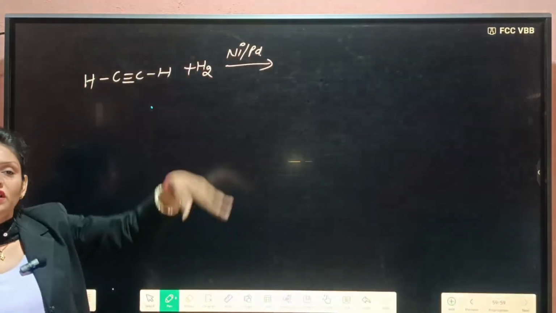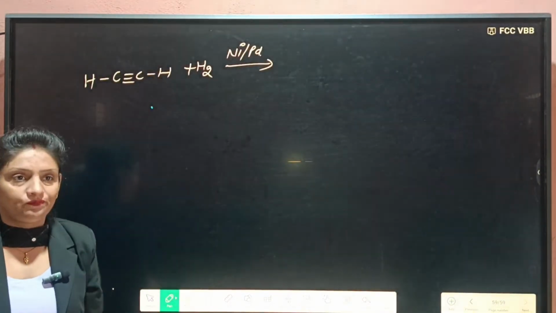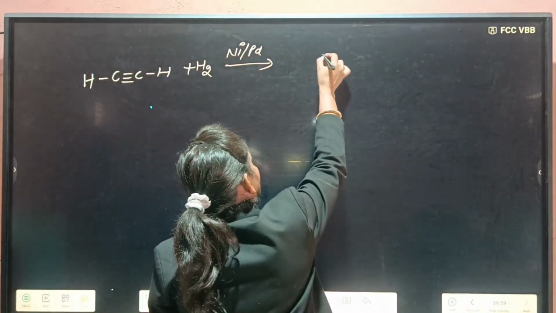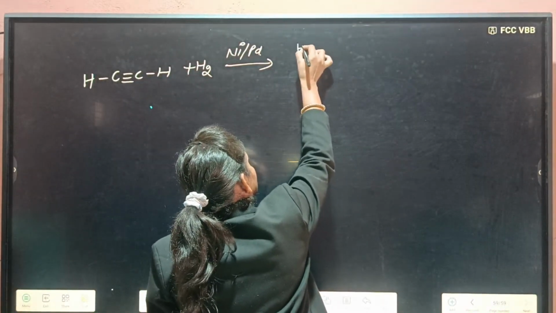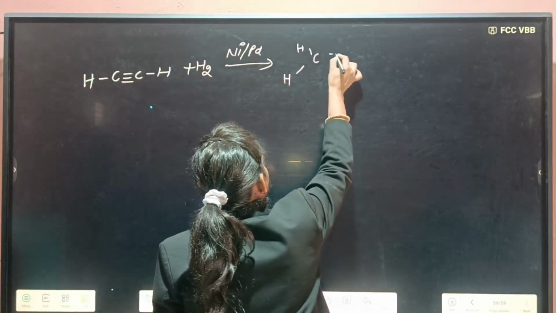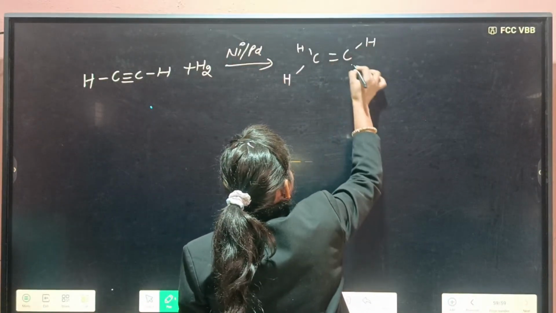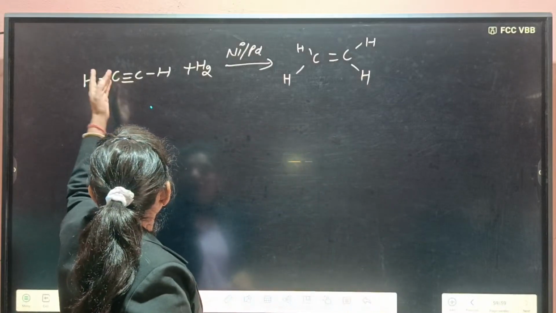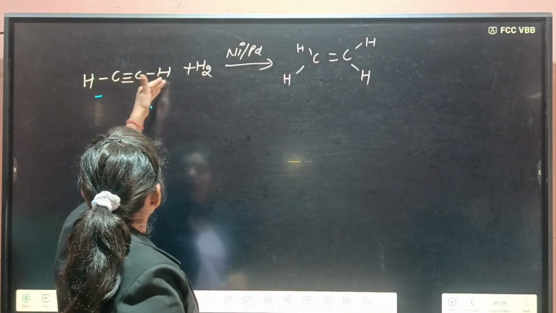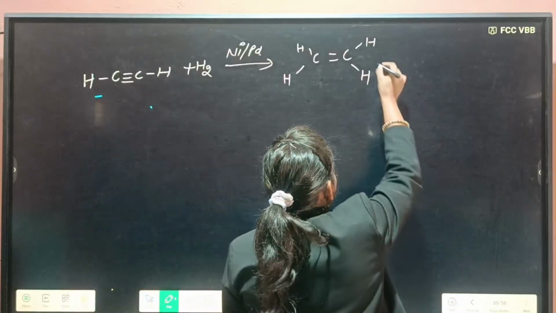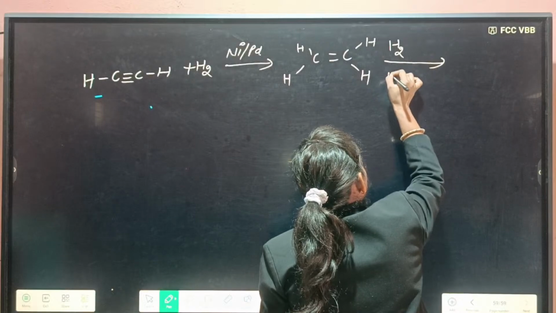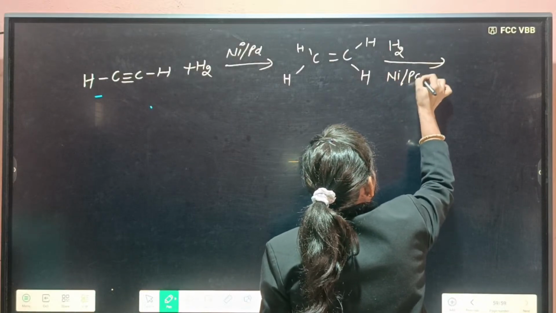In this way you will get repeated reactions, beta. Clear or not? So first, after hydrogenation, it gives us alkene. One bond will break, one hydrogen is added to this carbon and one to this one. Further hydrogenation takes place in presence of nickel or palladium.